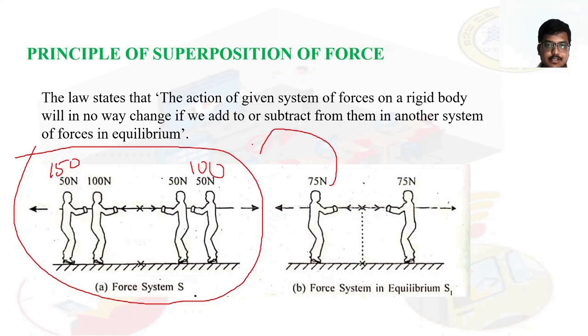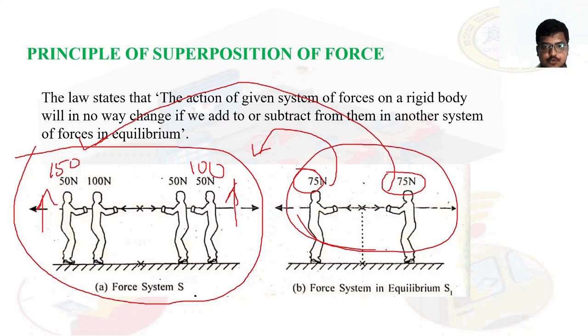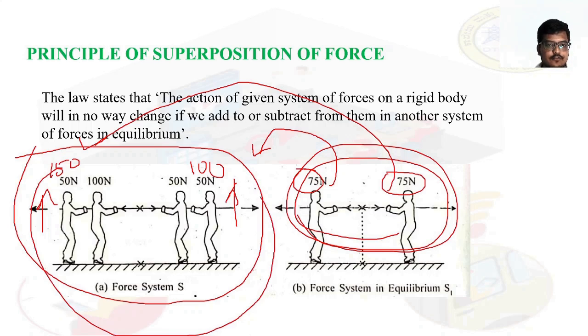By adding them, we are superimposing these people here. If we superimpose a system of the same quantity here and here, they are in equilibrium, right? They will not make any change in the effect of the force system.